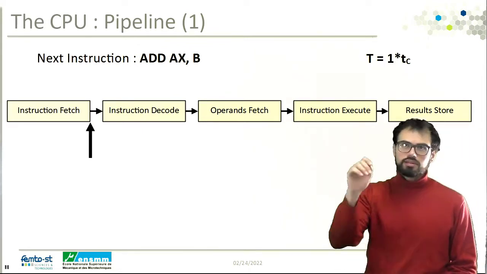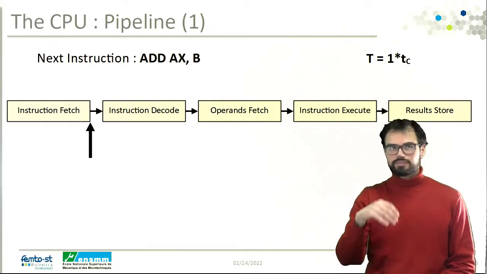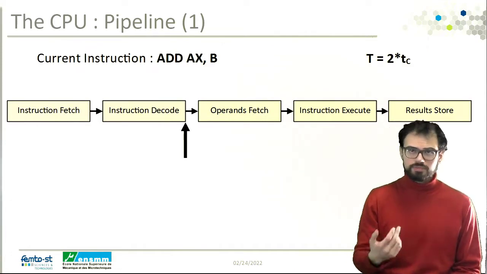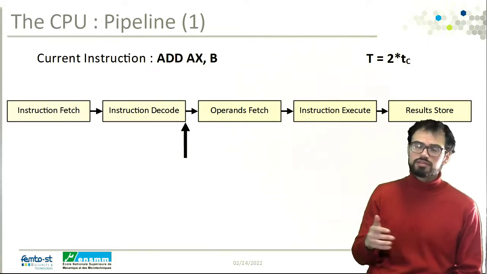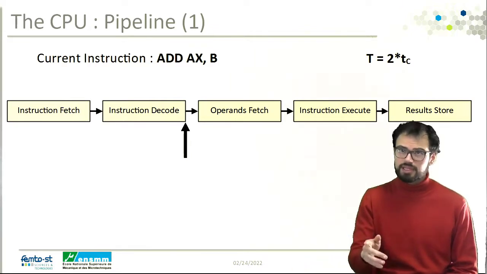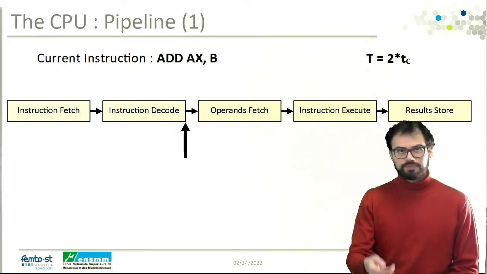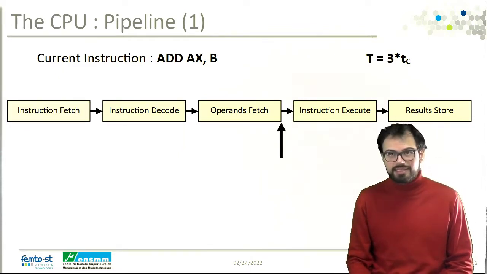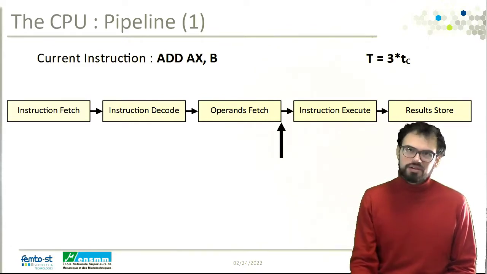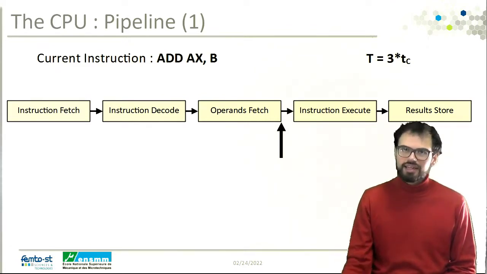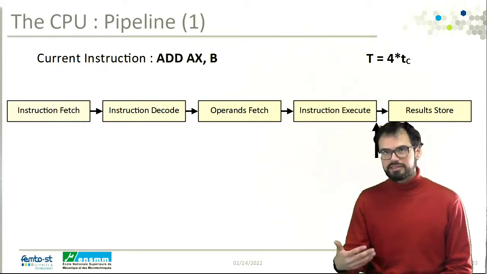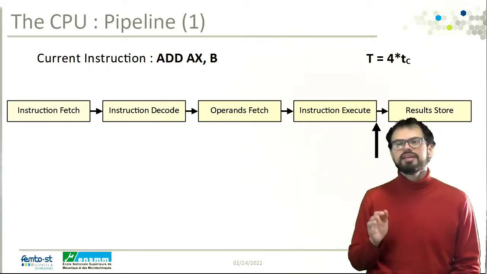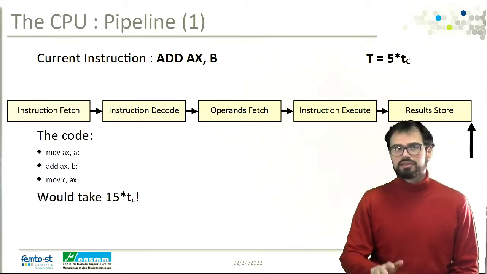We fetch the instruction, one clock passes, then we need to decode it, which can take another clock, especially in CISC type architecture, where it is a different step. It can be the same step in RISC. Then it needs to fetch the operands, which is at least one more clock cycle, then it performs the instruction, another one if you are lucky, and then it needs to store the result.